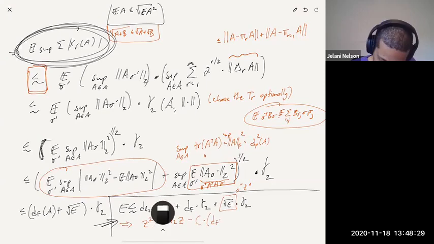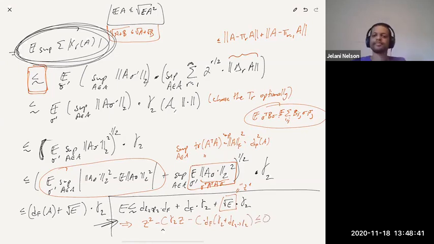Well, actually, let me just pull the df out. Gamma 2 plus L2 to L2 operator radius is at most 0. That's what we've just shown.